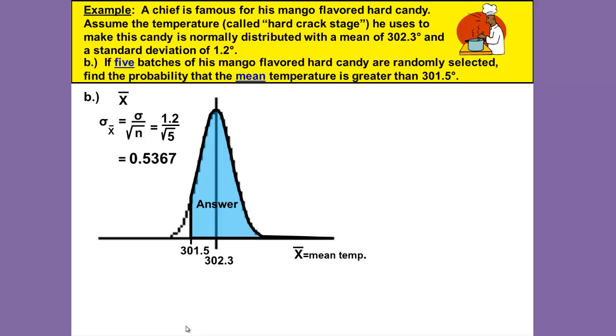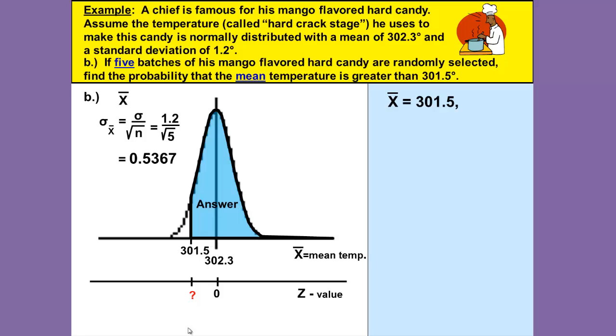Once you have your standard deviation, we can shade greater than 301.5. We want to find the corresponding z-value. In this case, notice it's not x equal to 301.5, but that sample mean temperature of 5 batches of candy is 301.5. And we're using the z formula, z equals x bar minus mu over sigma divided by the square root of n.